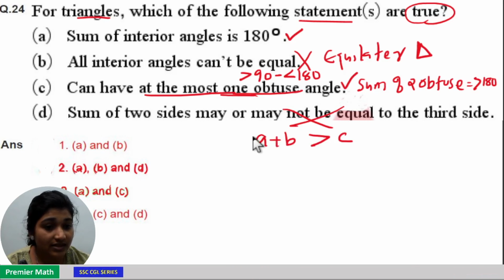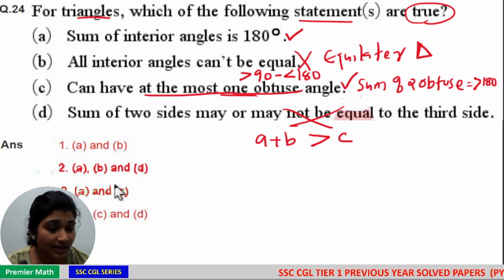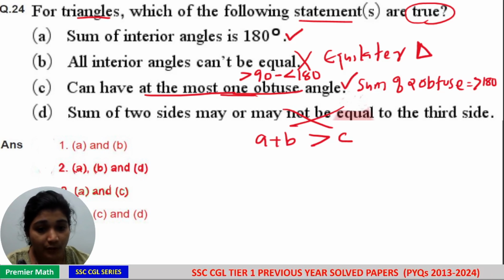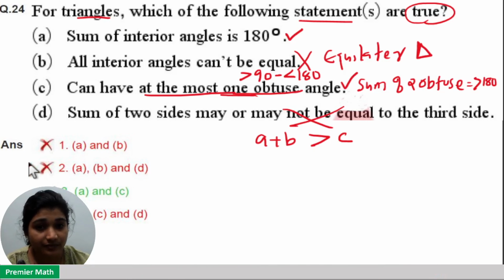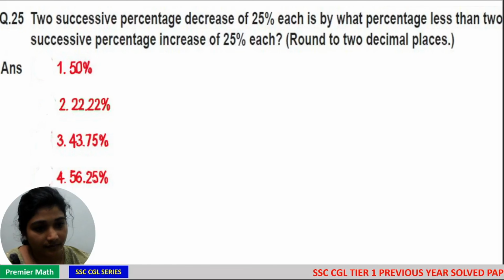Consider A, B, C as three sides, then A plus B should be greater than third side C. So option 3 is your answer. Statements A and C are right.